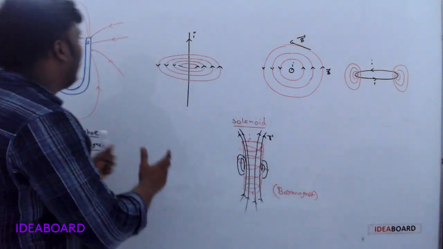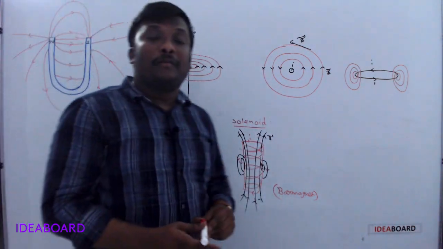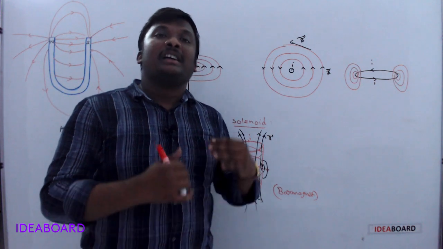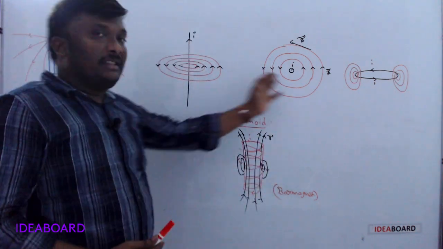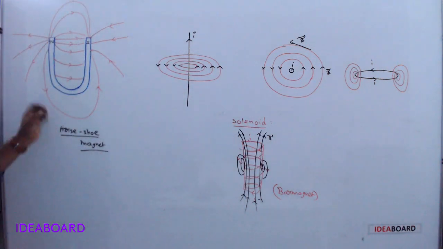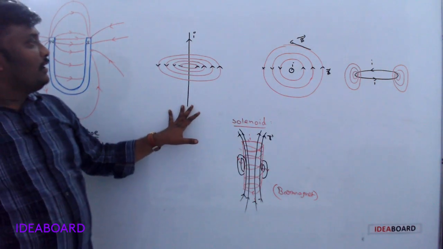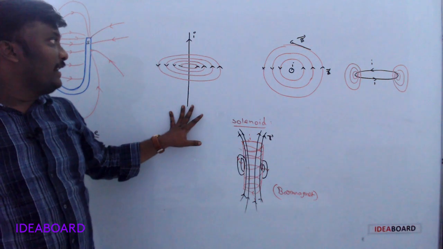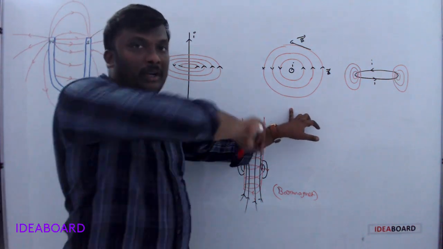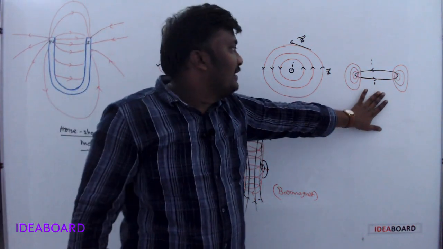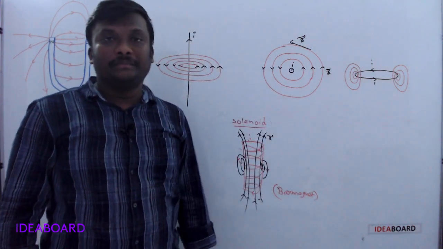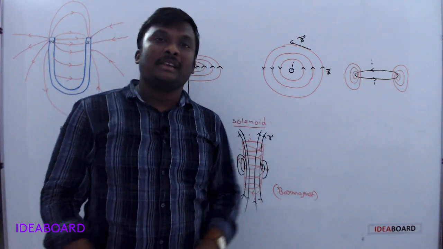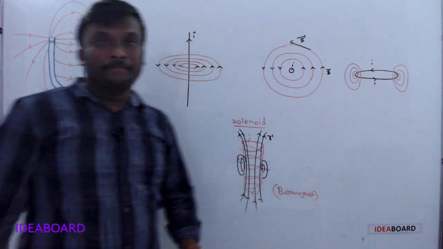Okay, these are some magnetic field lines produced by different types of conductors. Here it is produced by the horseshoe magnet. Here, due to the straight current carrying conductor, it is also the same, but the view is different. This is for a circular loop and this is for a solenoid. Understand? So this is the magnetic field lines concept.